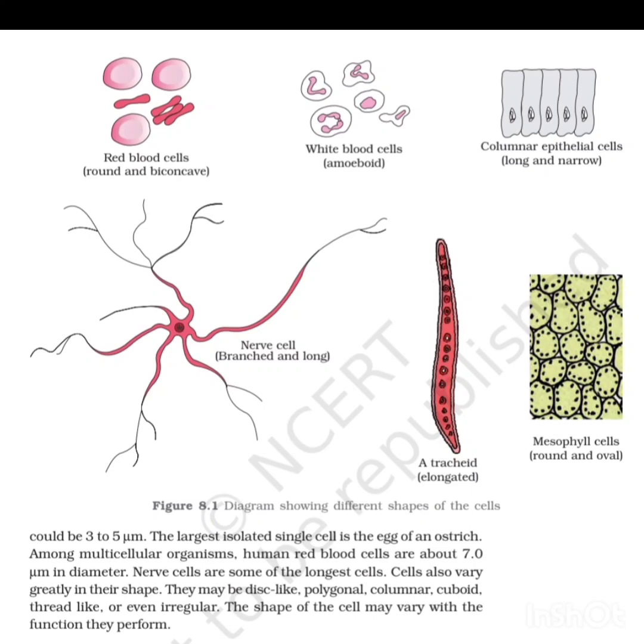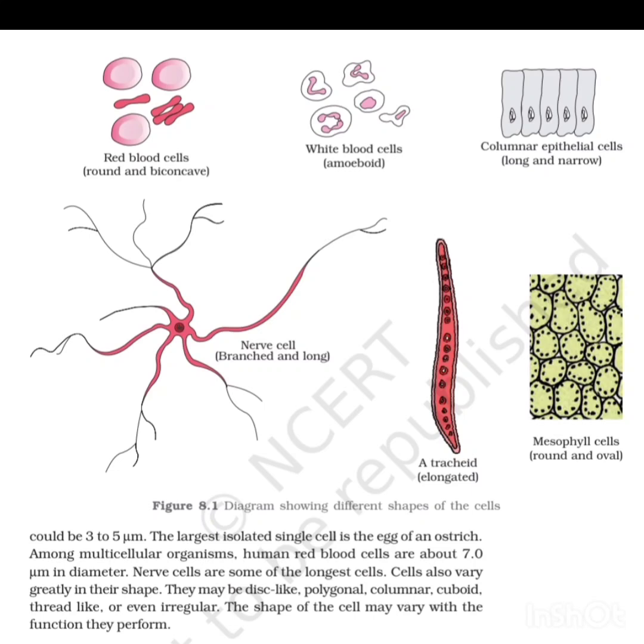Among multicellular organisms, human red blood cells are about 7.0 micrometers in diameter. Nerve cells are some of the longest cells. Cells also vary greatly in their shape. They may be disc-like, polygonal, columnar, cuboidal, thread-like, or even irregular. The shape of the cell may vary with the function they perform.